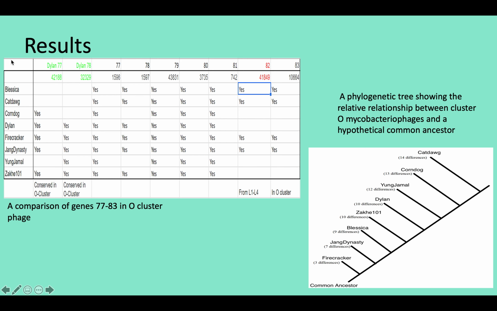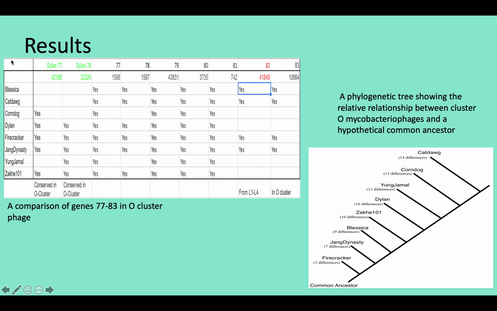Is it not? And so from this information, we constructed a phylogenetic tree showing the relative relationship between cluster O mycobacteriophages and a hypothetical common ancestor. So with that image, our common ancestor is at the bottom.